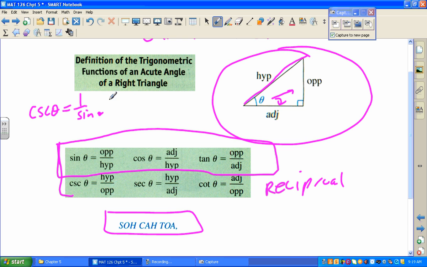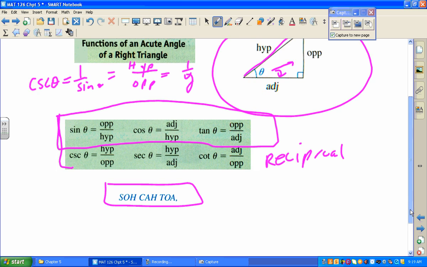And we also said cosecant equals hypotenuse over opposite. We also said cosecant equals 1 over y if you're on the unit circle. We had all those definitions for cosecant. It depends where you're looking at to find your answer. Okay? So besides the green box, there's other definitions you have to know. What would secant be?